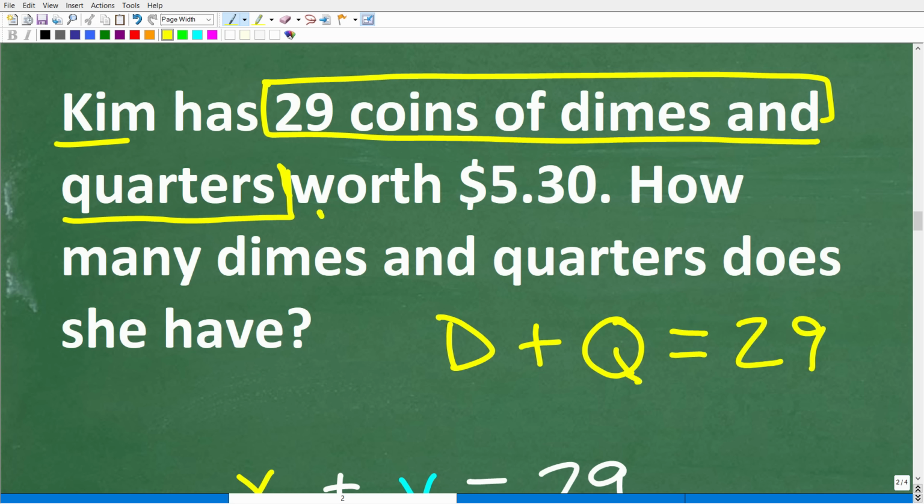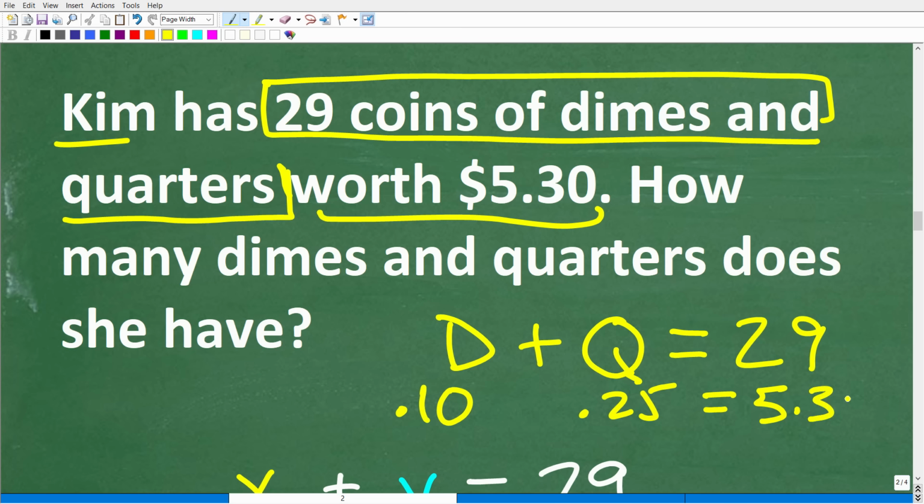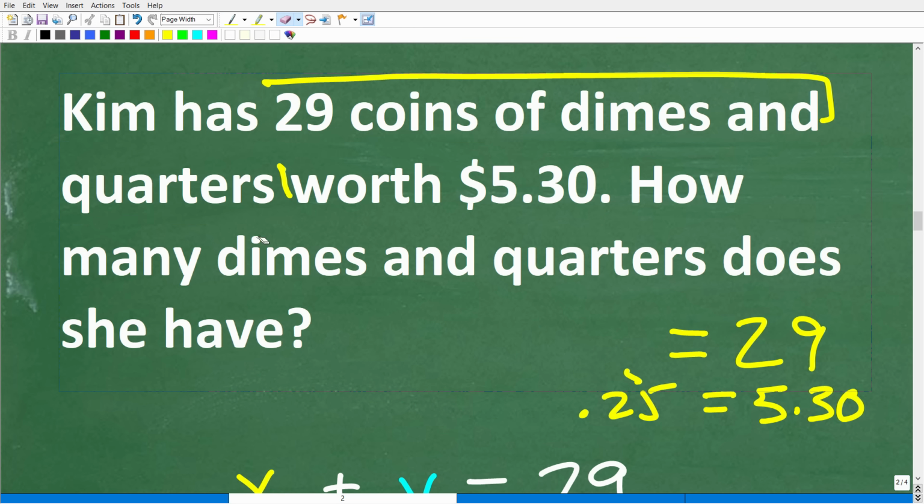But the value of these dimes and quarters is equal to $5.30. So we could write one equation like this, but then if we think in terms of values, so how much is a dime worth? Well, remember, it's worth 0.10 of a dollar, right? And a quarter is worth 0.25 of a dollar. So the number of dimes and number of quarters is going to be worth $5.30. Okay, so we're going to build two equations here using this part of the problem.